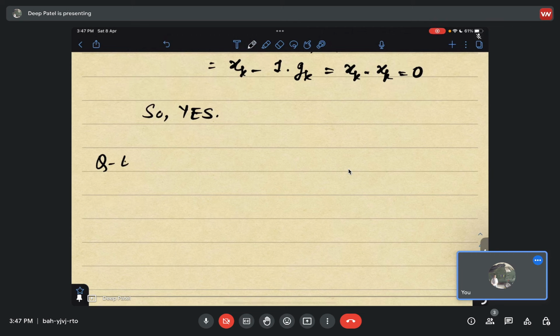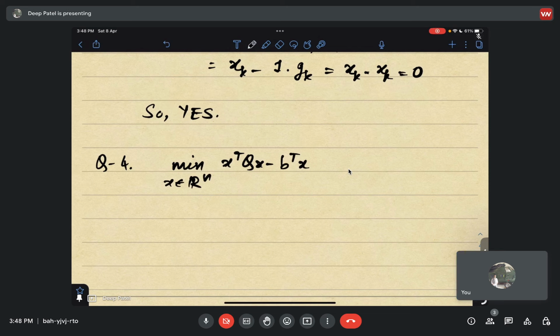Question 4. For minimization of an unconstrained quadratic optimization problem, we have minimize over x in Rn, x transpose Qx minus p transpose x, and here Q is symmetric and positive definite.